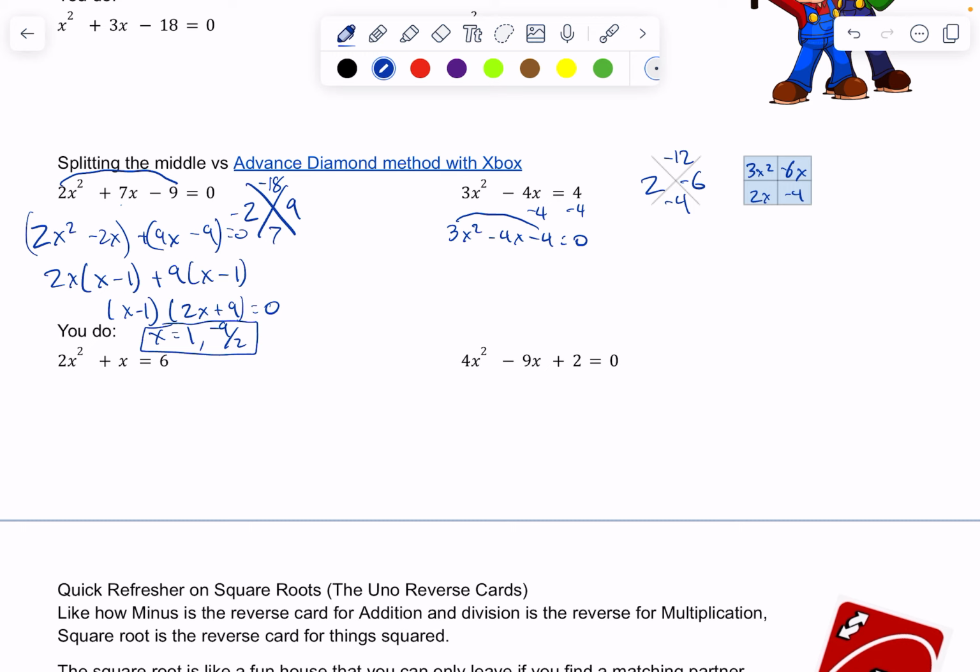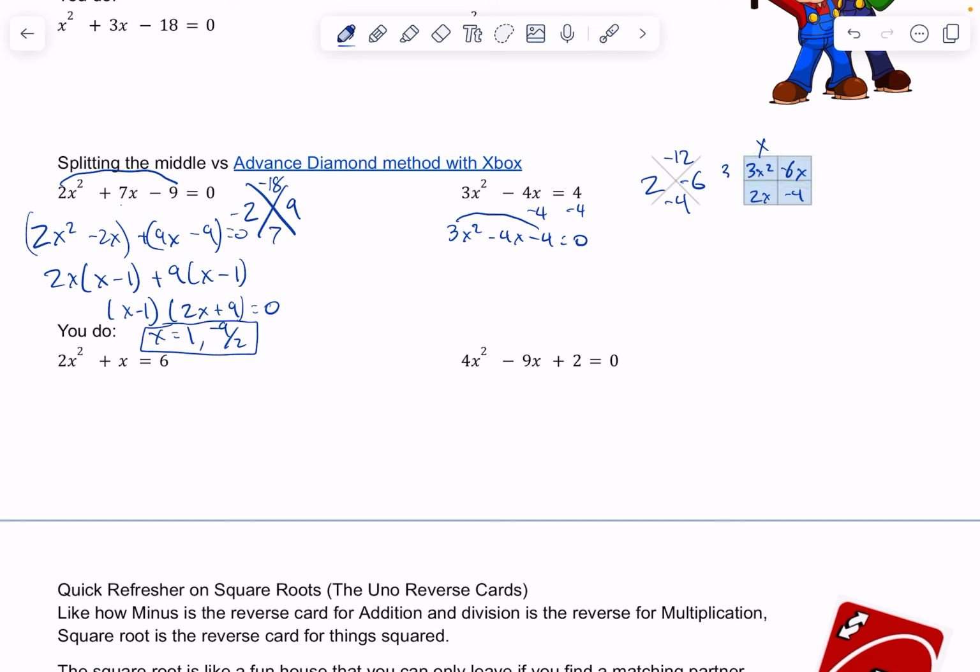When you look at these two boxes, what can you factor out? I can factor out an x. If I factor an x out of these two boxes, what can I factor out?